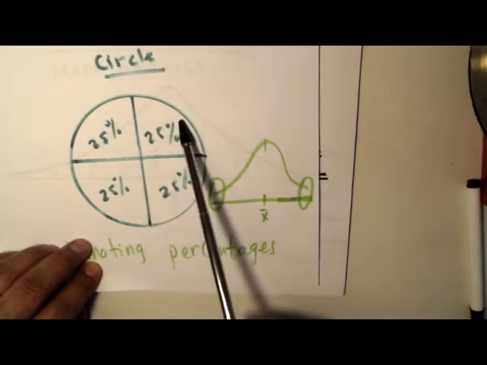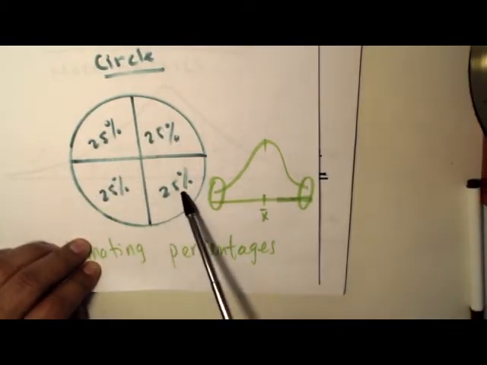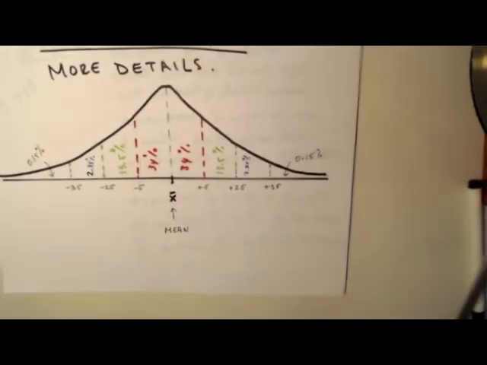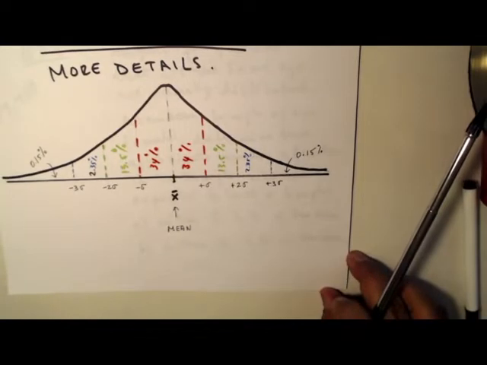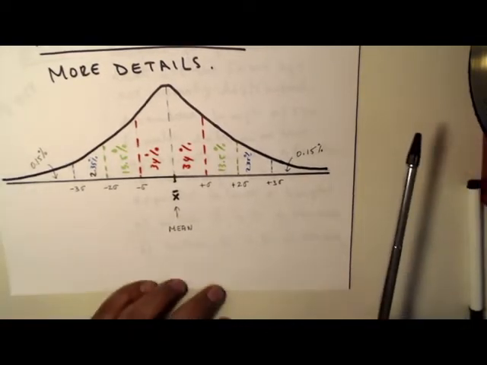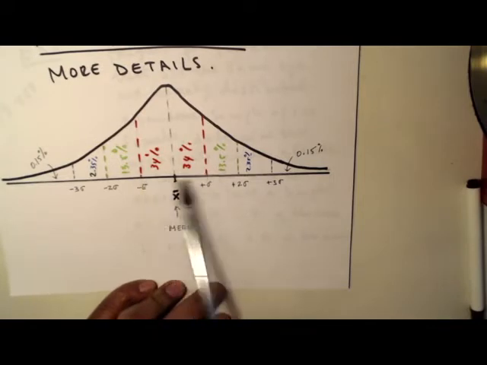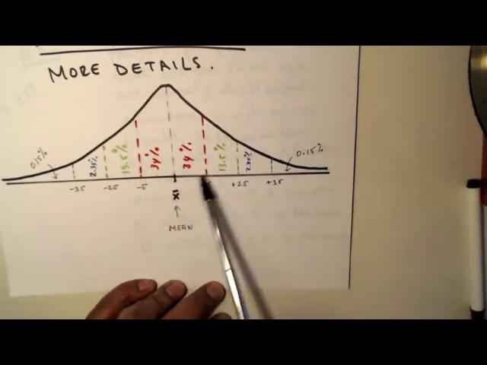We know 50% is here, 50% here. We cut it in 4 pieces, we have 25%. But when we get the normal curve, that is not that simple. We have to sort of know how every piece of this curve is divided up.